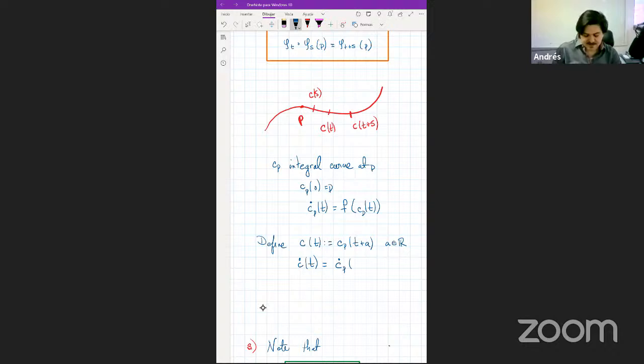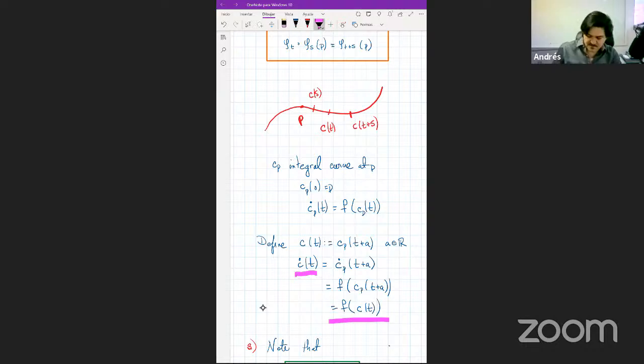Because having t plus a is the same as the derivative of t, but now at the point t plus a, where I evaluate. By definition, this is the vector field f, but we know that this is the same as C of t.